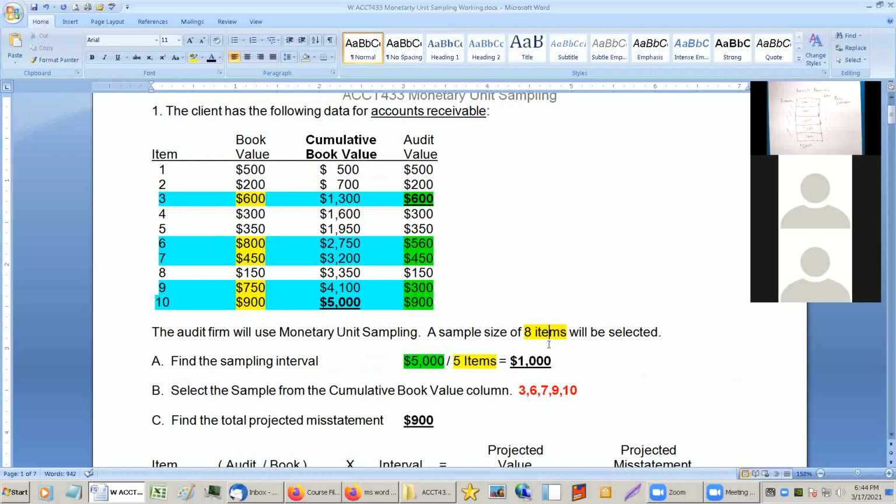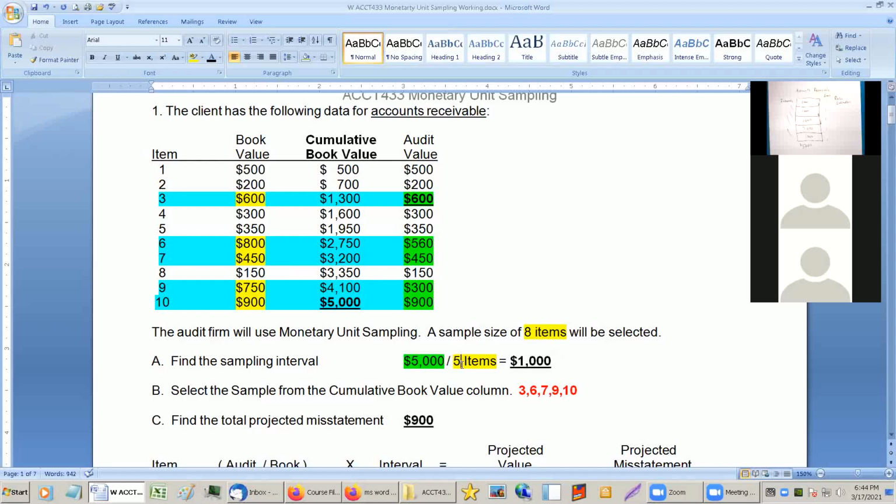What's the problem with just saying, okay, we'll make the sample size 8? What also changes? Interval.